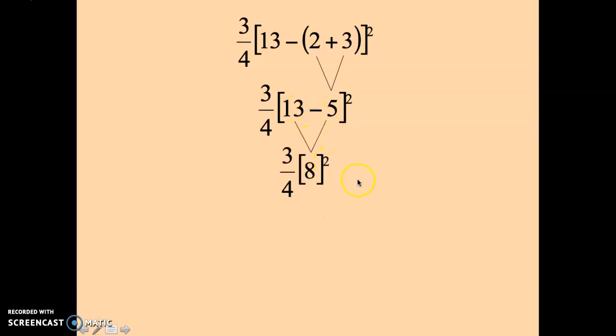Carry it down, rewrite everything. Now I've done everything inside of my parentheses. So after parentheses is exponents. 8 to the power of 2 is 64. Carry it down. 3/4 times 64 is what we have left. And you have 48. All right, work hard, ask questions.